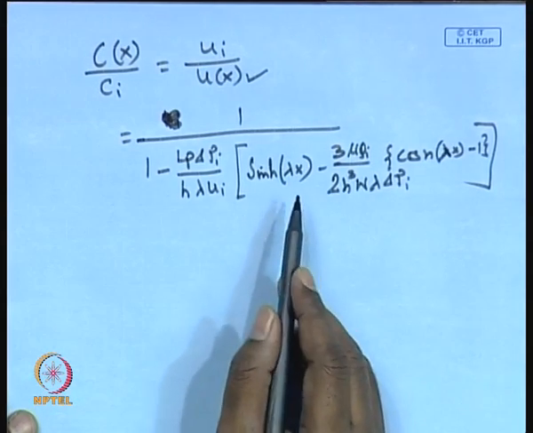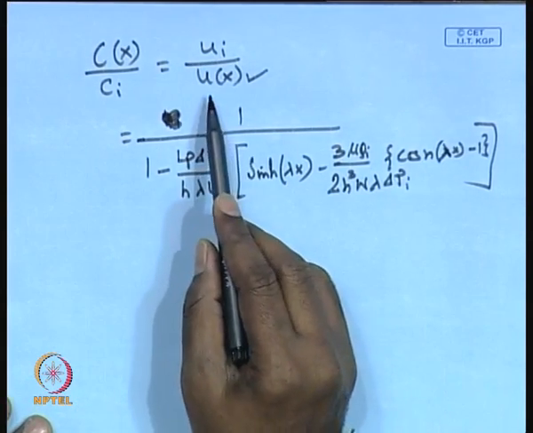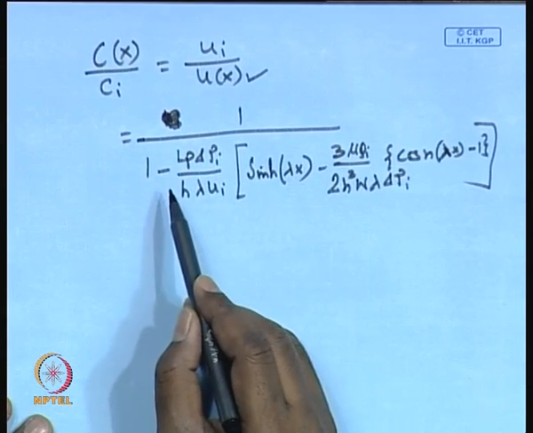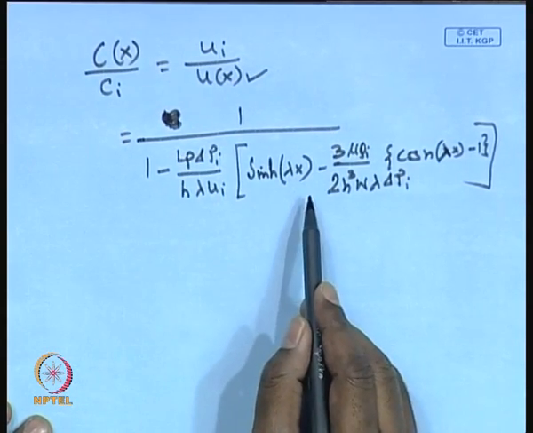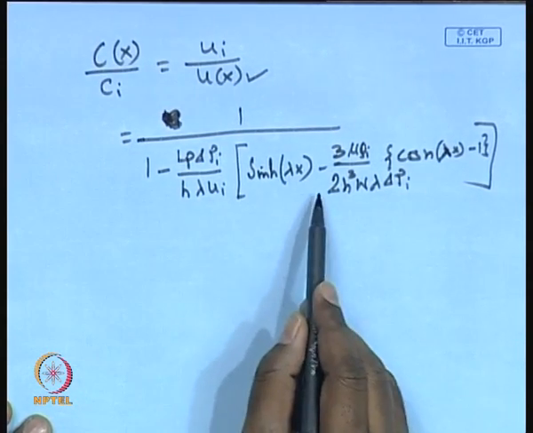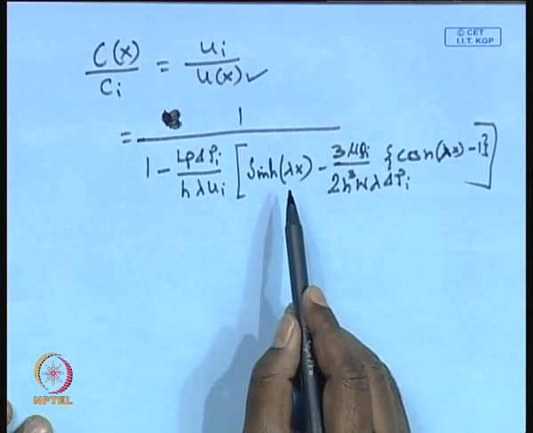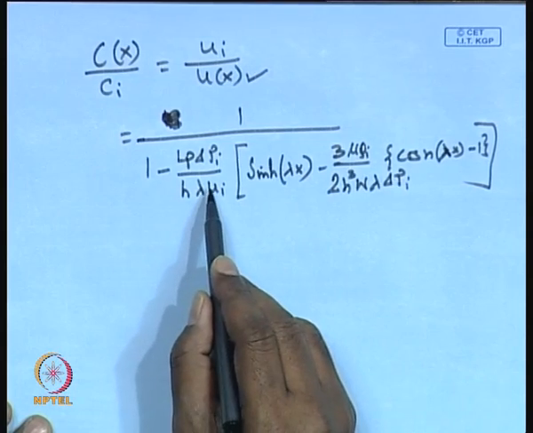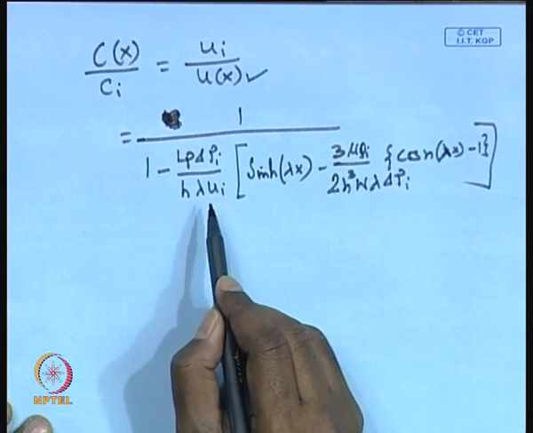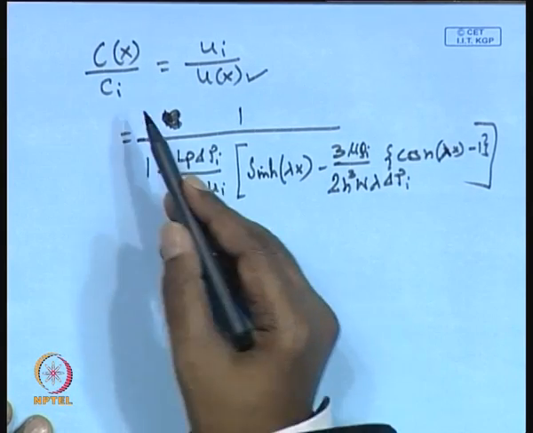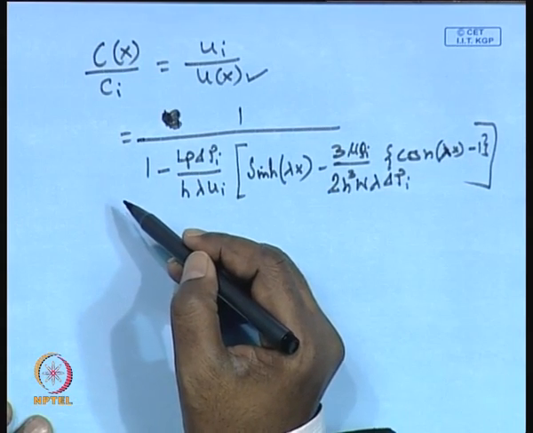This simply means that since u is varying as a function of x and it is a decreasing function of x, as you go down the channel or the module, the velocity will be decreasing because you are extracting the material out of it. As the velocity decreases, the whole Cx by Cin will be increasing, right?